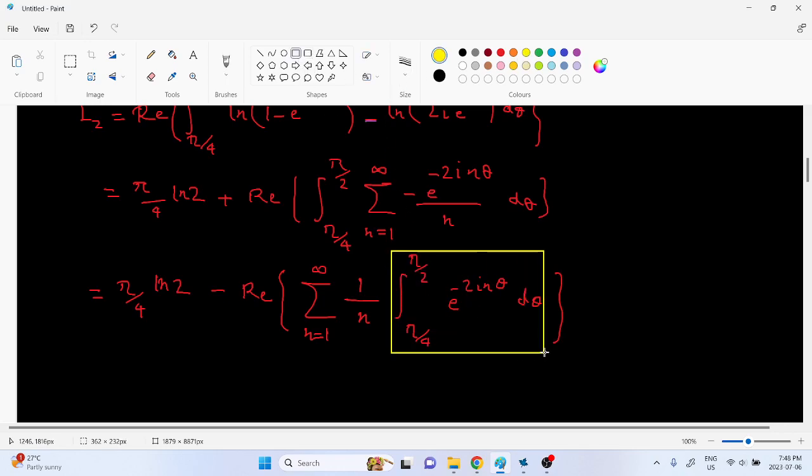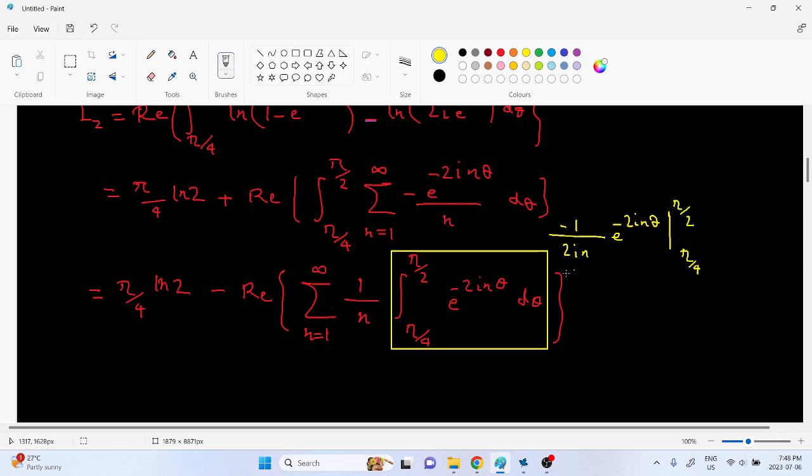And this integral will be evaluated very simply as negative 1 over 2i n times e to the negative 2i n theta evaluated from pi by 4 to pi by 2.